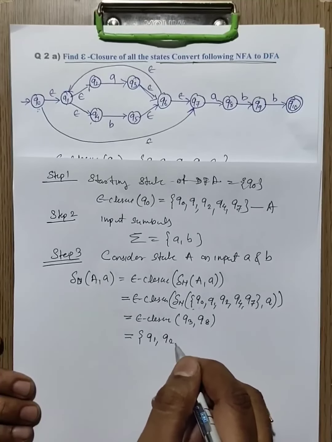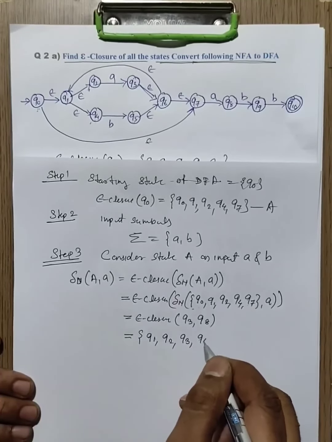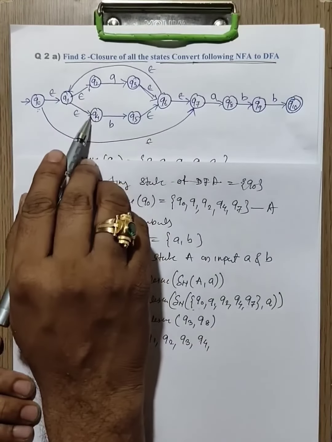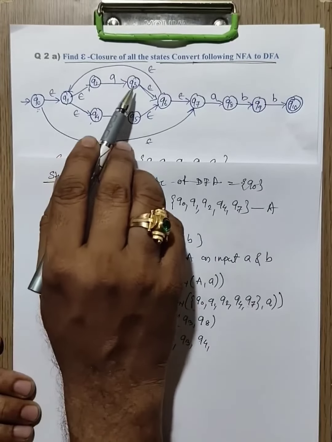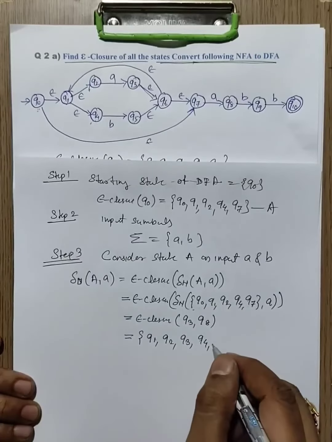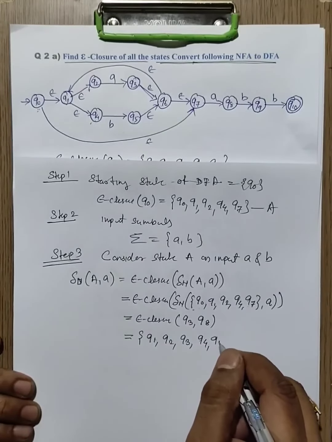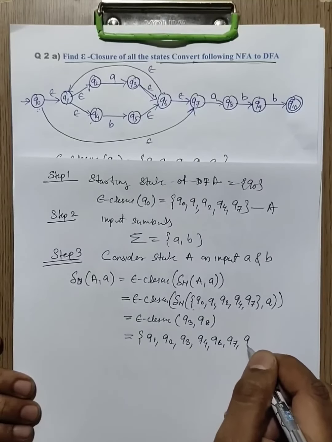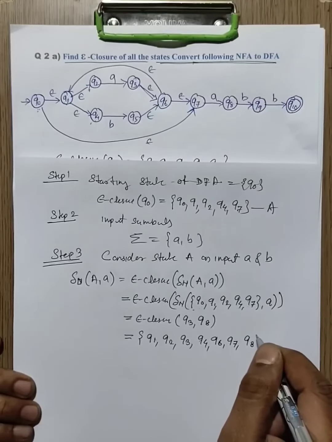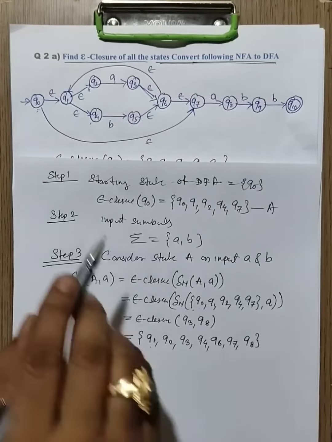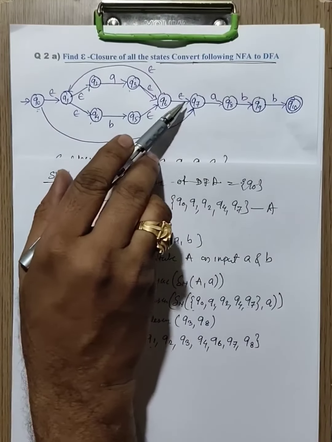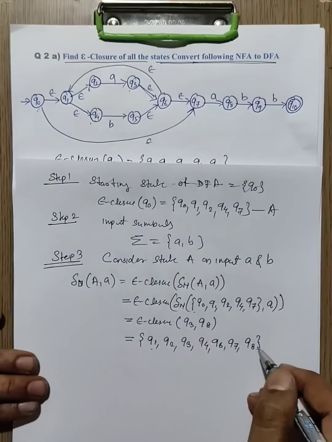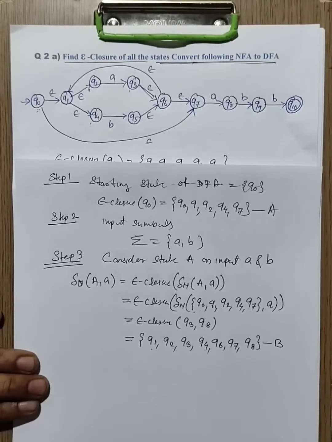Epsilon closure of Q3 is Q3, Q6, Q7, Q1, Q2, Q4, in ascending order Q1, Q2, Q3, Q4, Q6, Q7. Adding Q8, and the epsilon closure of Q8 is Q8. This is a new state; assign it B.